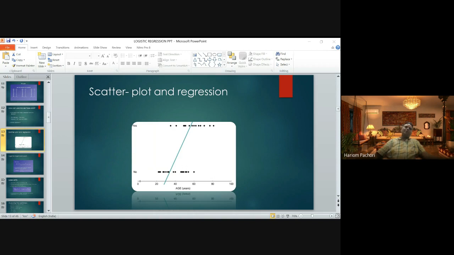In simple linear regression, you get the R-squared value. Here, there is no proper R-square, only a pseudo R-square value is given by SPSS instead of the R-square value.